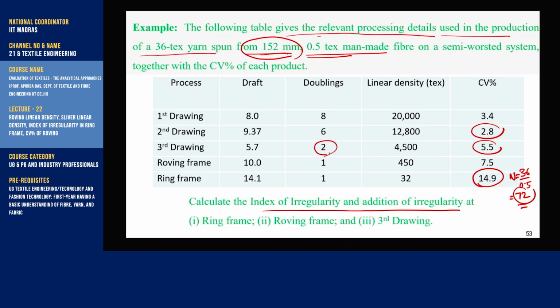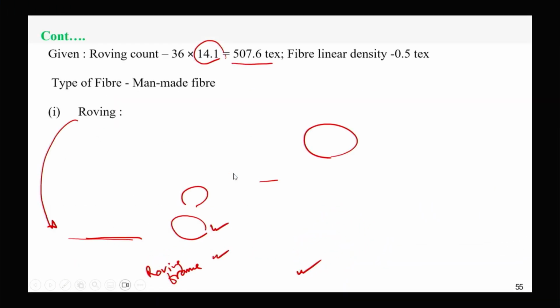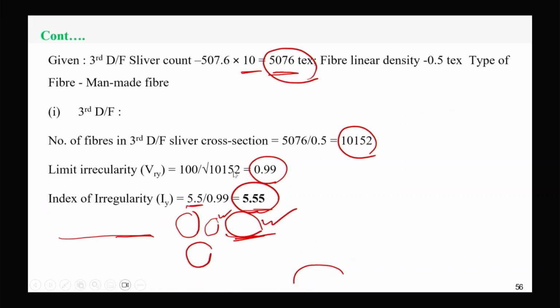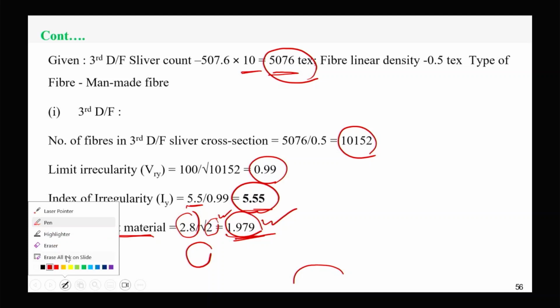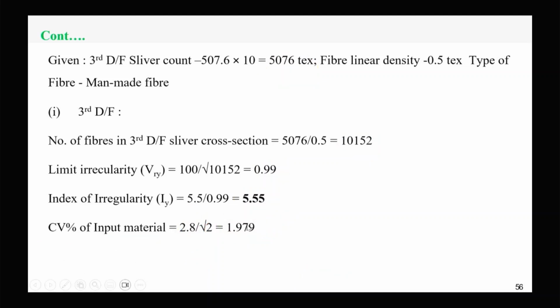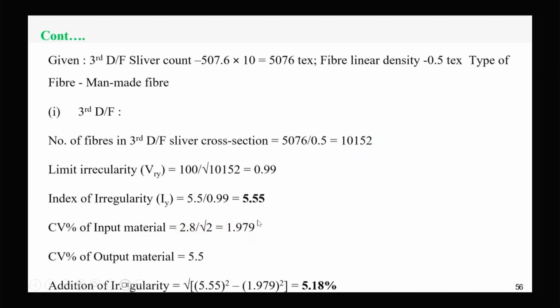So from there, this data we can calculate. So 2.8 divided by under root 2. So here we can calculate the addition of irregularity at the third draw. So which was asked.